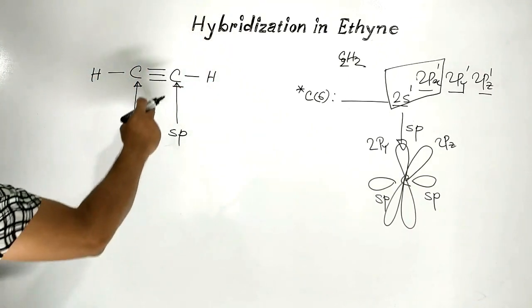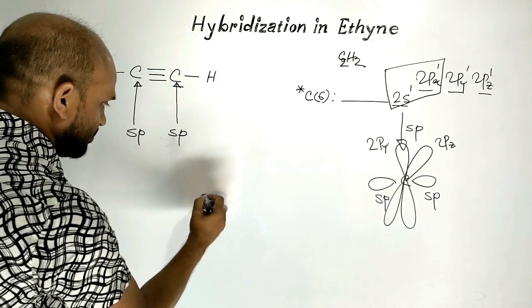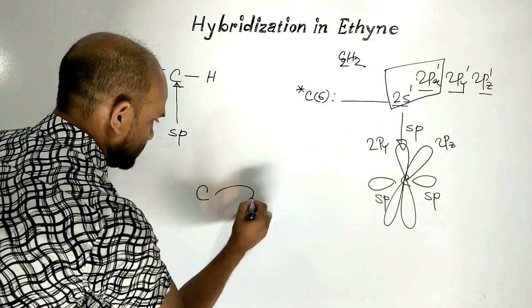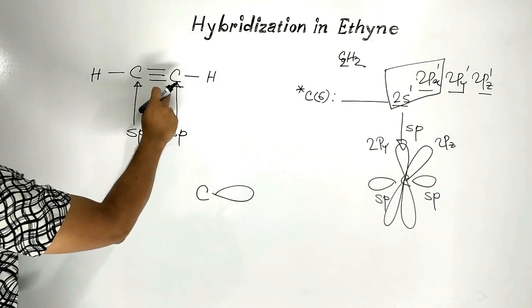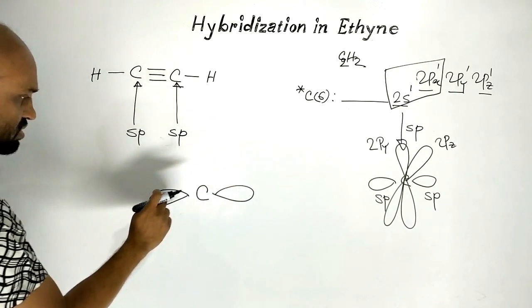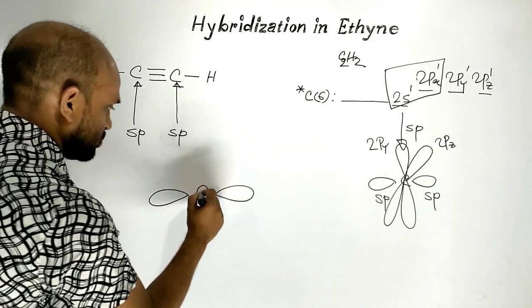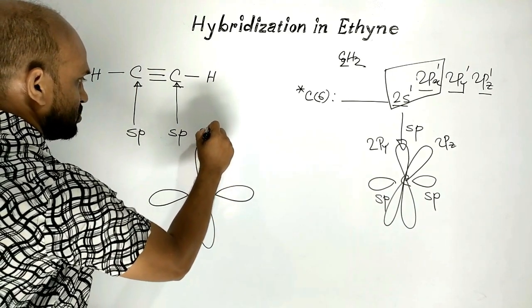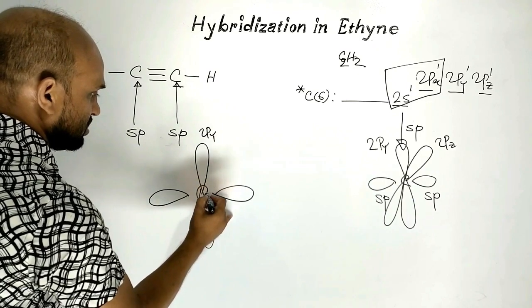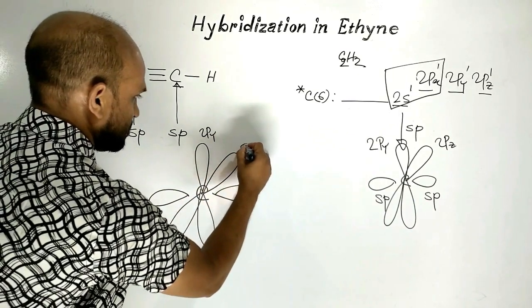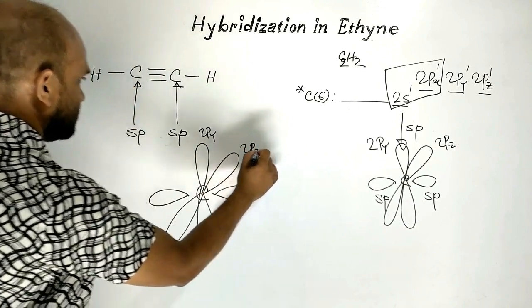Here, let us see the orbital structure of ethyne. Carbon, which is sp hybridized, has sp orbitals and two unhybridized orbitals: 2py, and another unhybridized orbital, which is 2pz.